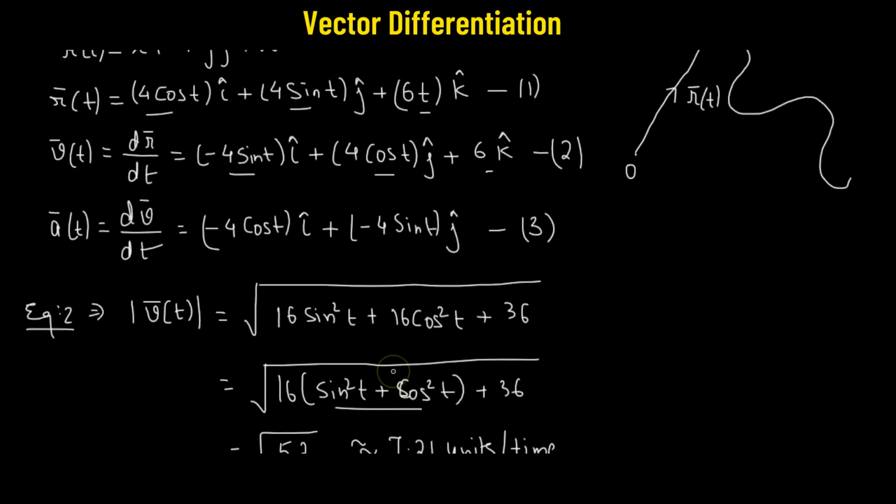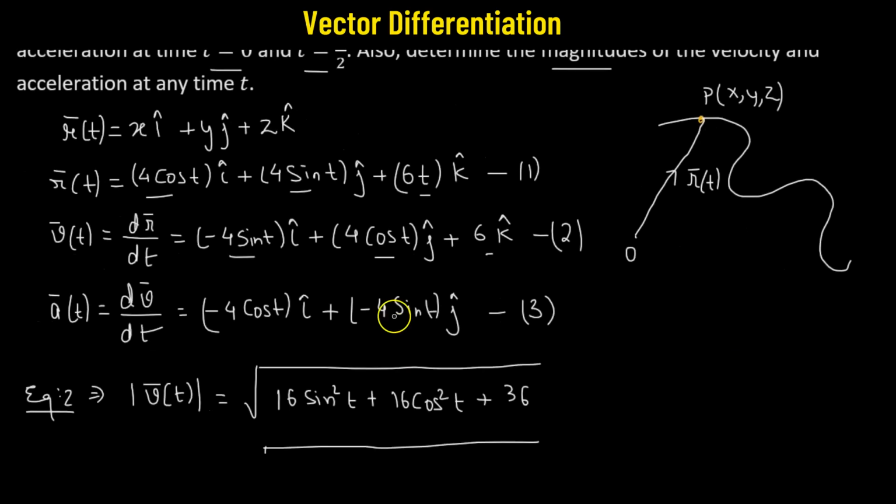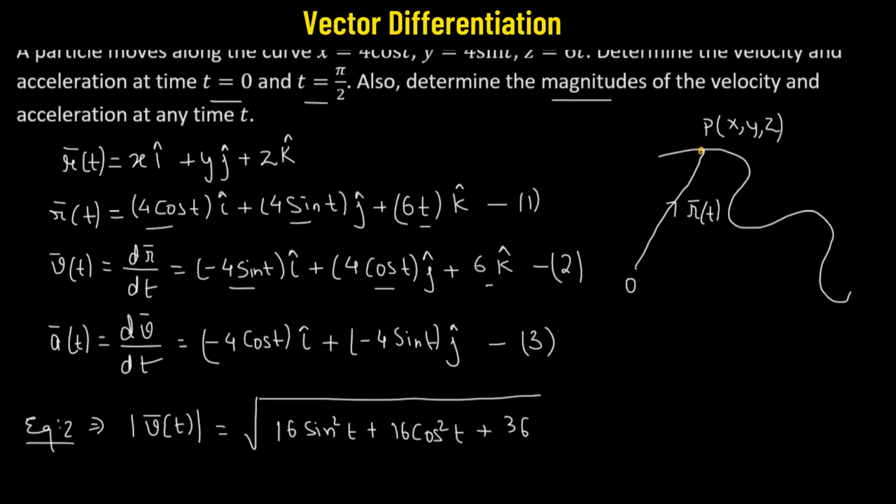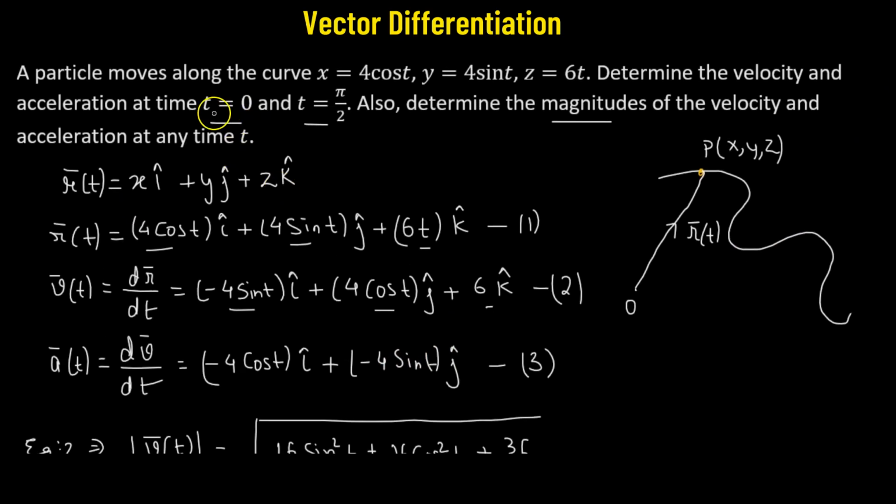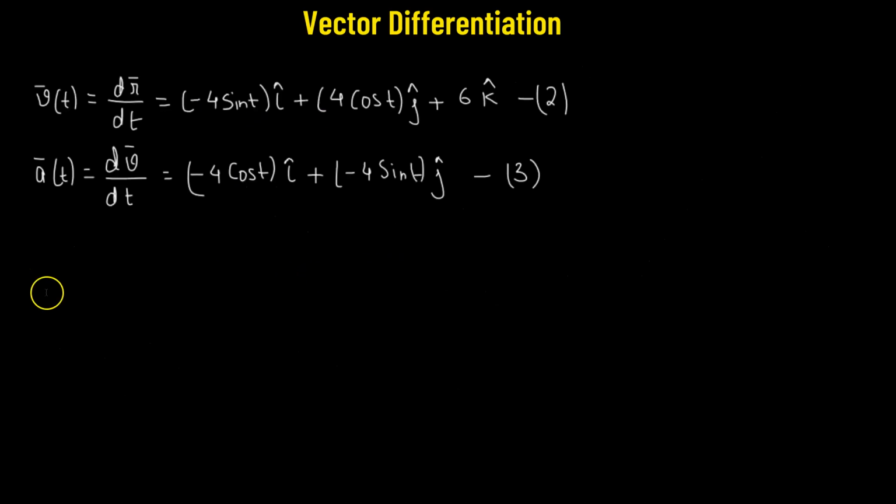Now we come to the part where we find the specific values of the velocity and acceleration at time t equals 0 and time t equals pi over 2. We begin with the velocity at t equals 0. We have negative 4 sine of 0, which is 0, so we do not have any x component.